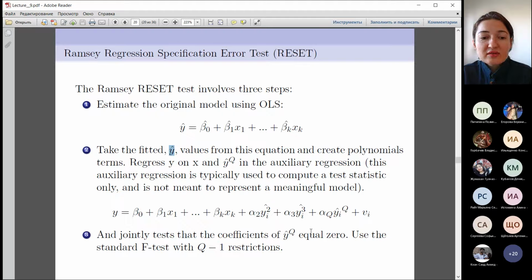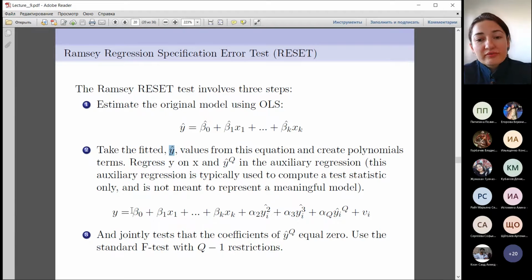We call this an auxiliary regression model, and maybe it looks a little bit confusing to you. Why is it that on the left side there is y, and on the right side again the fitted values of this dependent variable? But this is a technical note.